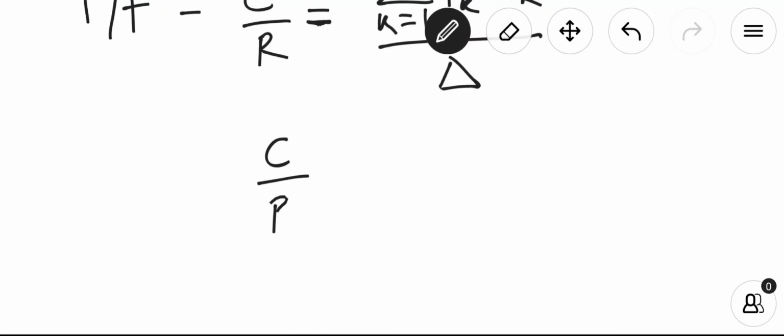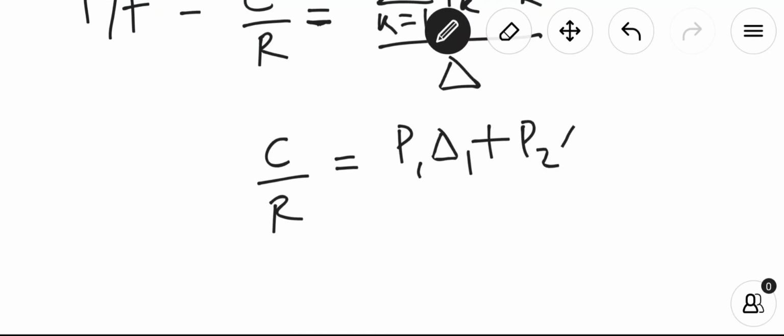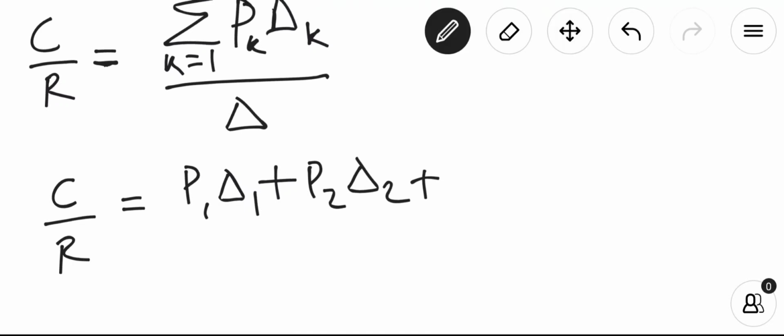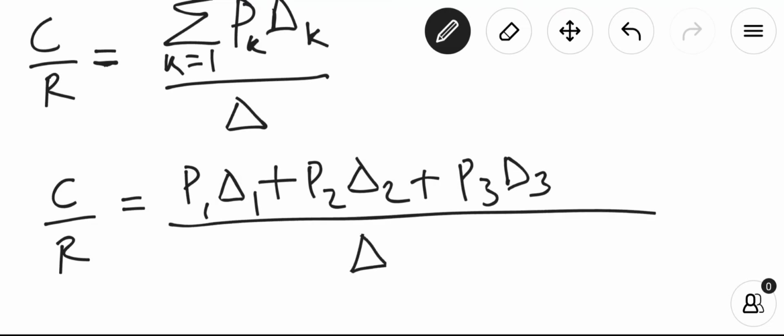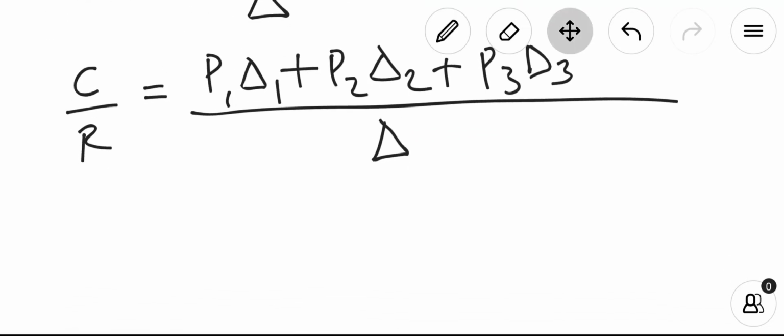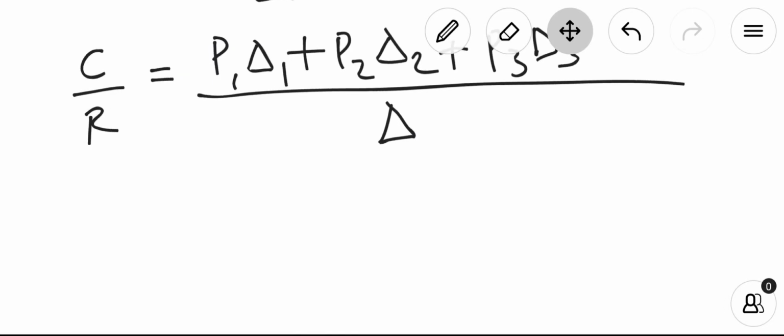So this would be P1 delta 1 plus P2 delta 2 plus P3 delta 3 divided by delta. So substituting the value of delta and also the value of P, you are going to have delta 1 is 1, delta 3 is also 1.